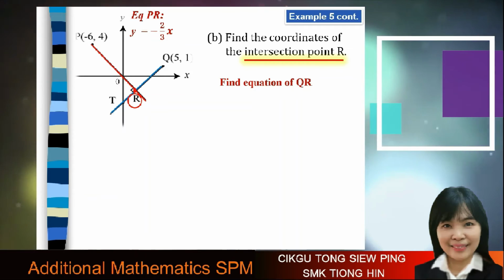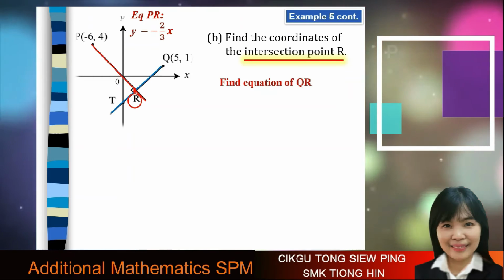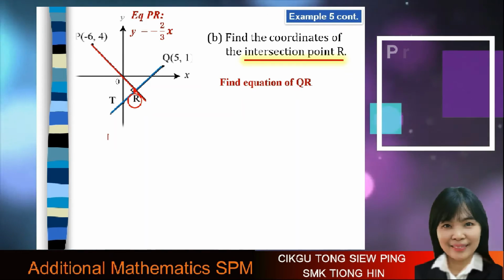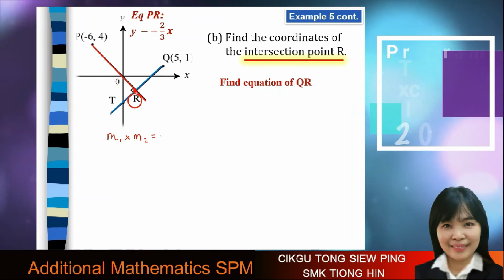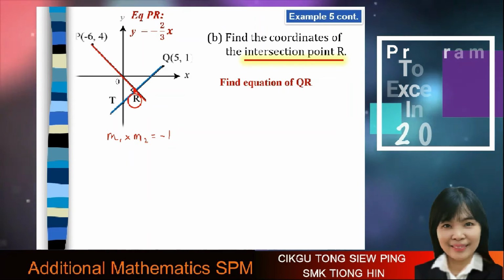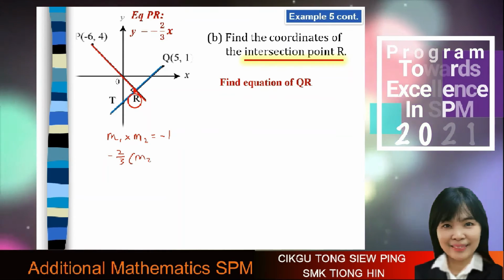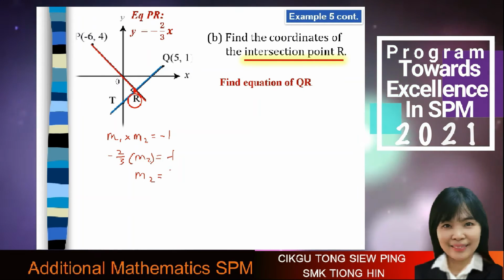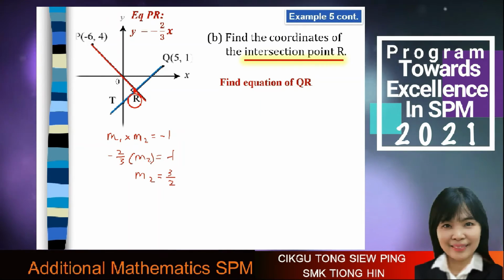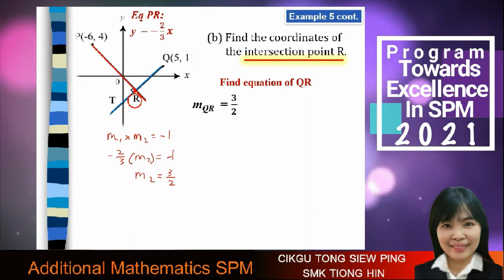Since we know that these two lines are perpendicular to each other, we can apply m1 multiplied with m2 equal to -1. So m1 is -2/3, m2 will be equal to 3/2. So the gradient of the line QR is equal to 3/2.